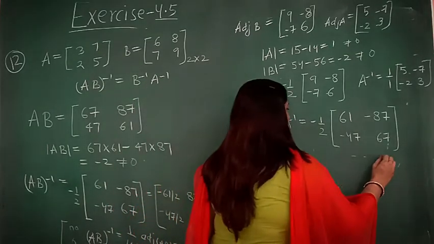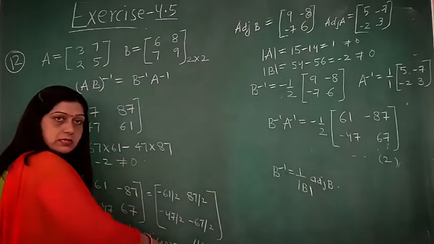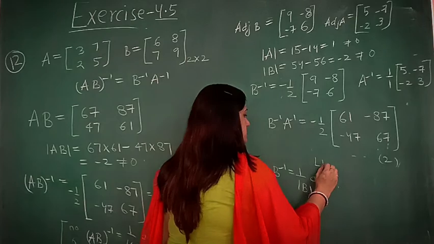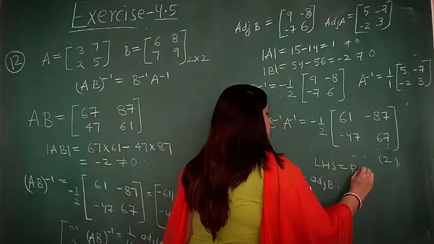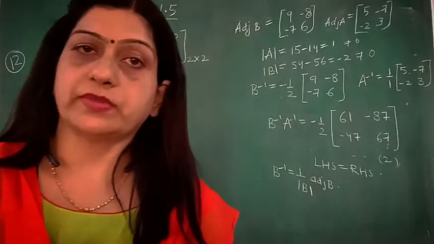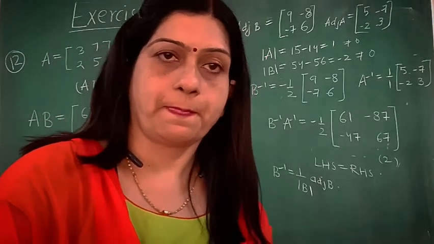Hence you can check that this is the same as equation number 1. It shows that this LHS is equal to RHS. In this way you can prove that both are equal.